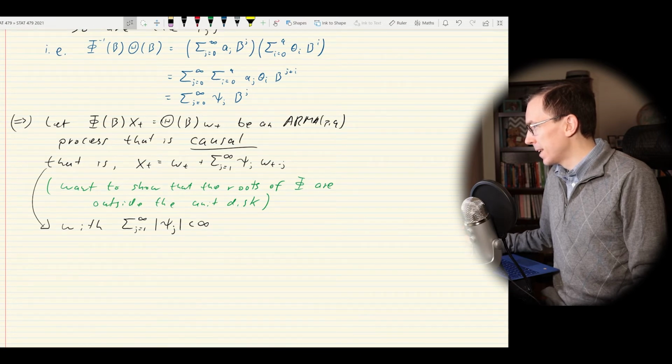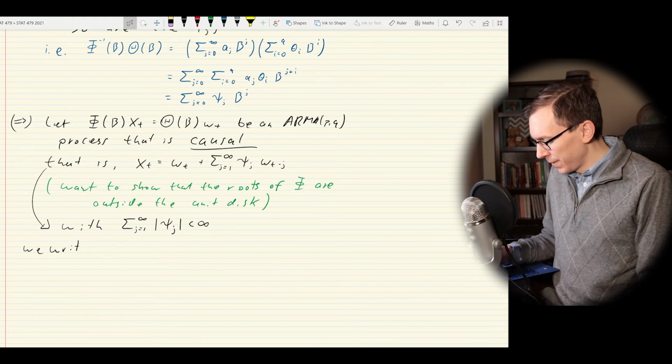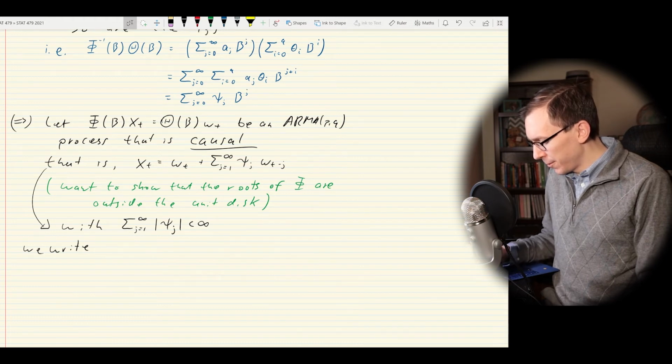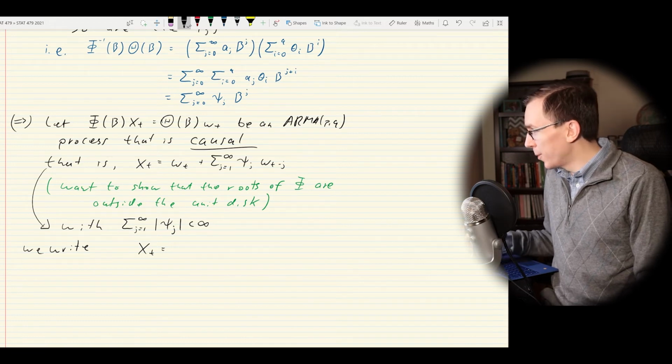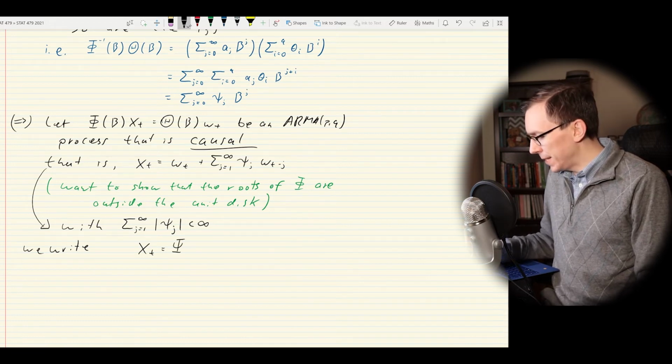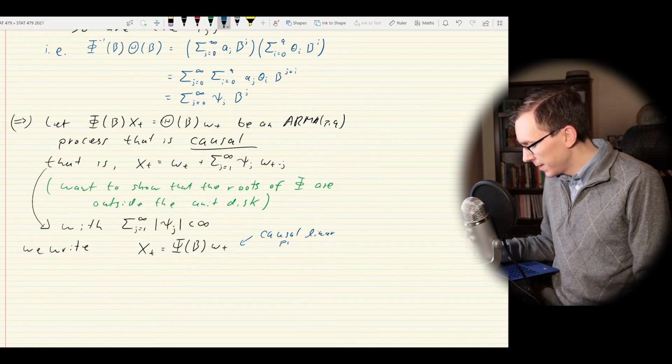All right. So that means we basically can do two things. We write that xt is going to be capital psi b of wt. This is a causal linear process.